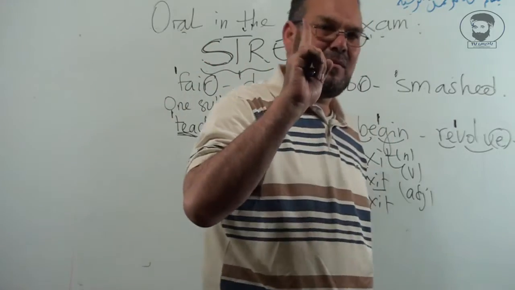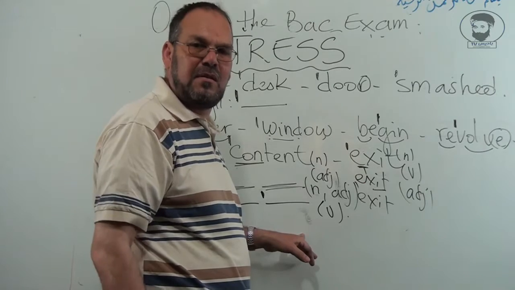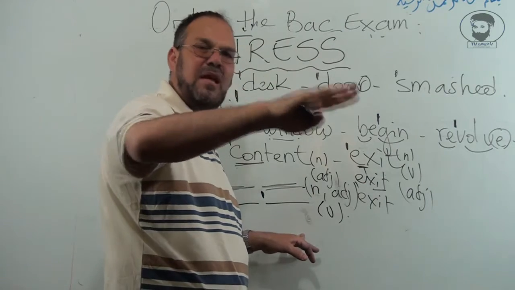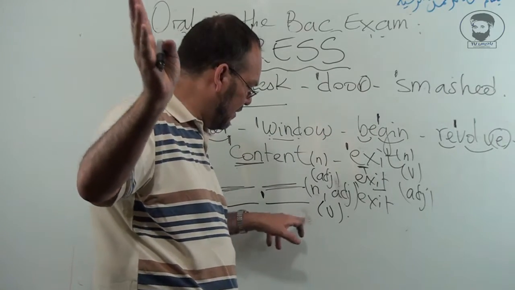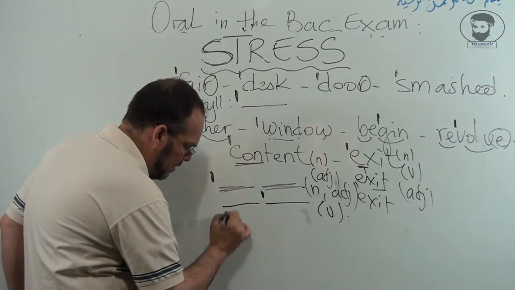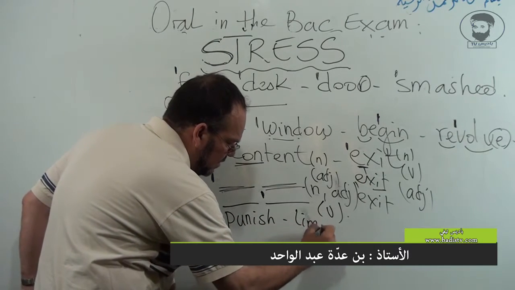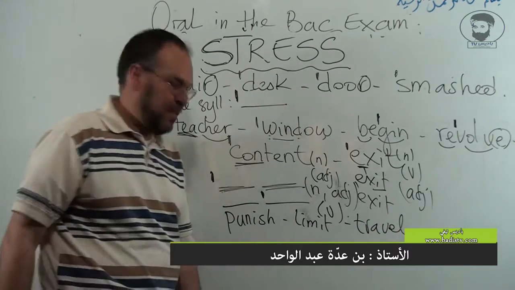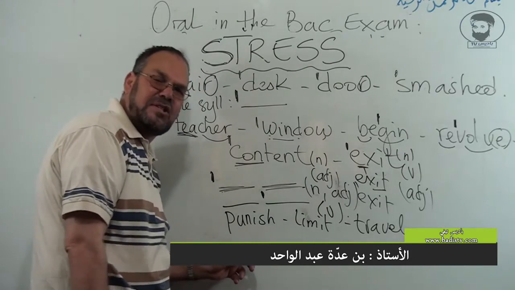But remember, the English rules are not like the Arabic rules. You can have one rule with, for example, hundreds of words, but thousands of words have no rules. Look at these words: punish, limit, trouble. Punish is a verb. Do we say punish or punish?